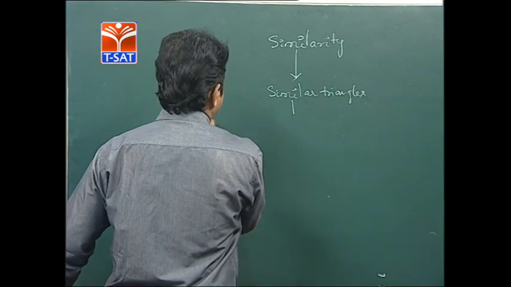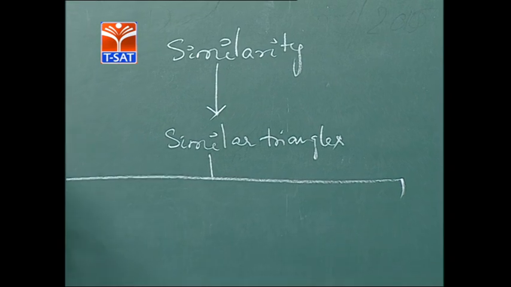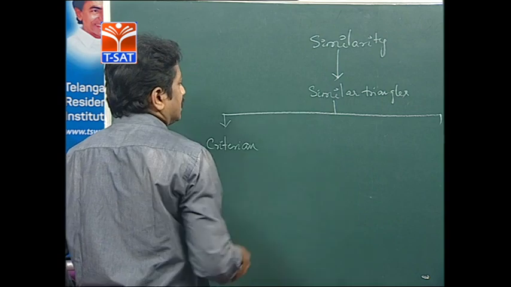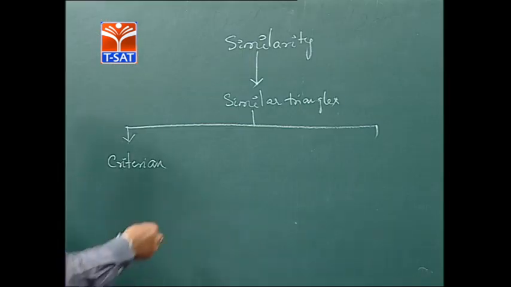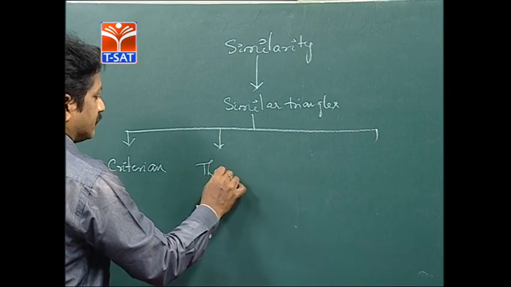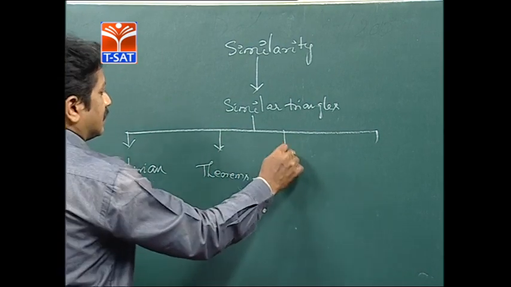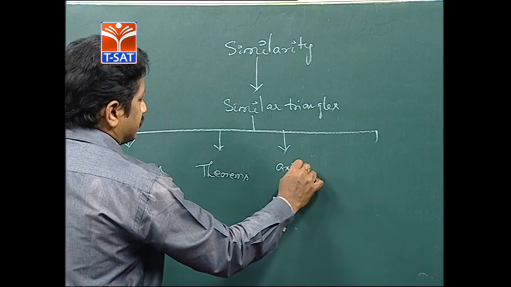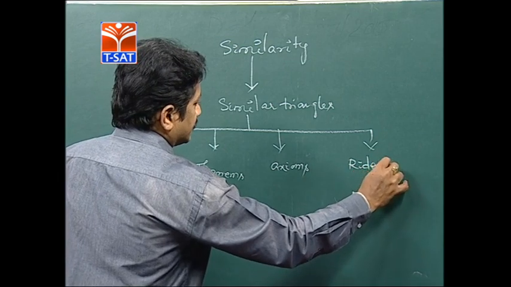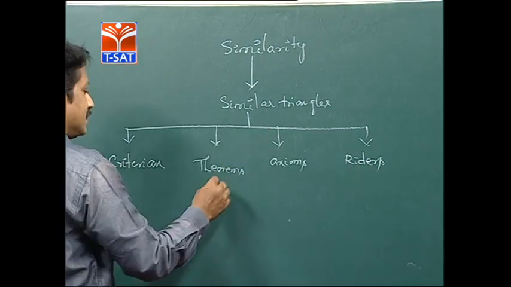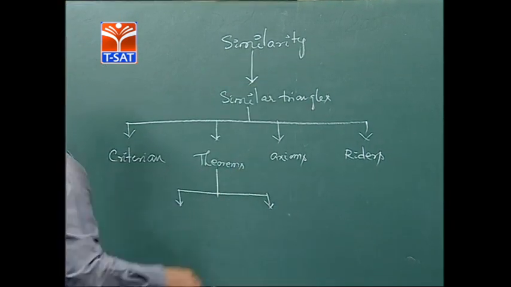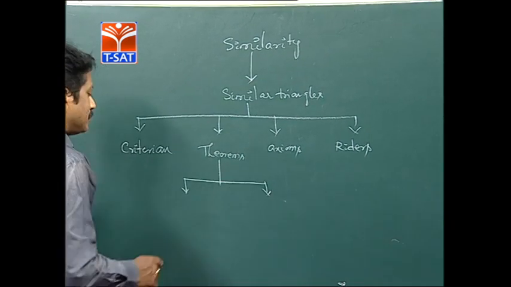In similar triangles, this is classified as criterion. Criterion means the axioms or theorems that support the similarity of triangles. The second one is theorems, the third one is axioms, and the fourth one is riders. In theorems we have two theorems, specific to the textbook I am giving; otherwise you have so many theorems here.